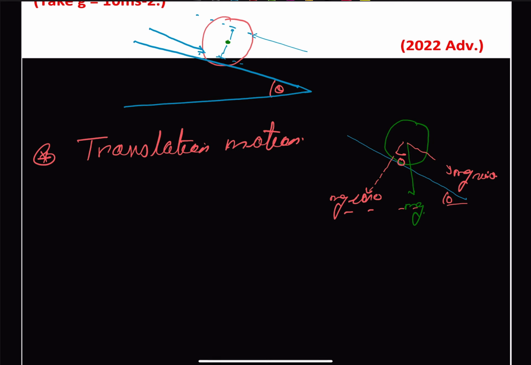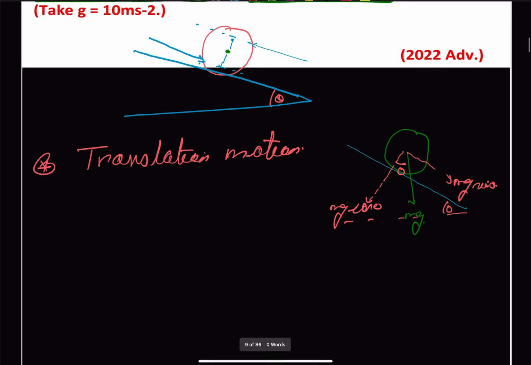Let us suppose we have two forces. This force we call F1, and the force acting upward we call F2, and there will be a frictional force acting in the upward direction, which we call F. We are only interested in the direction along the inclined plane.